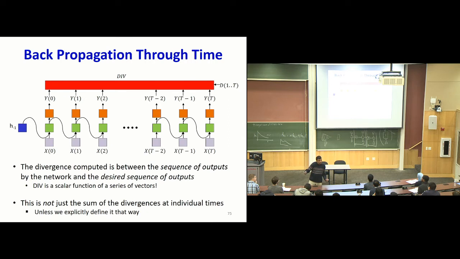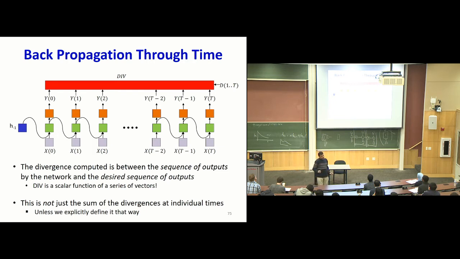So computing a divergence between two sequences need not decompose into the sum of divergences for individual symbols. This is something that you must burn into your mind. So this means that you're actually computing the divergence between this entire sequence and this entire sequence. This is not the sum of the divergences at individual times.